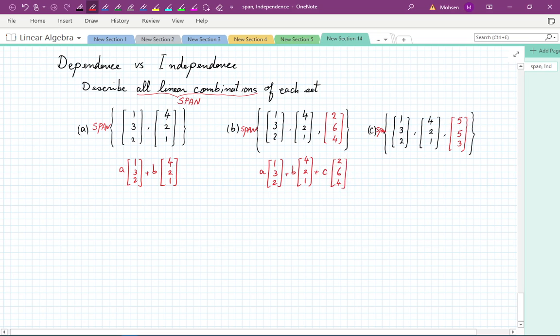You might say, wait a moment. Why are you doing it like this? This can be written, factor a 2 outside and it becomes 2C times 1, 3, 2, and then combine these two together. So you'll have A plus 2C times 1, 3, 2, and then tag along what the other one was.